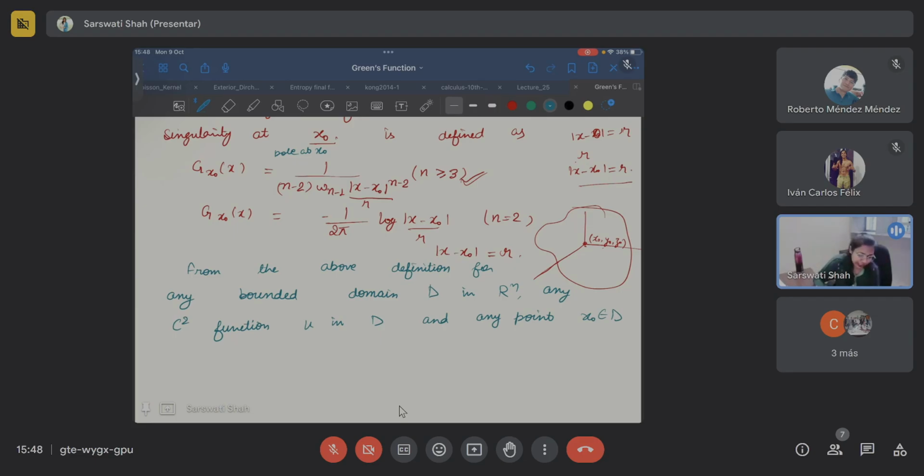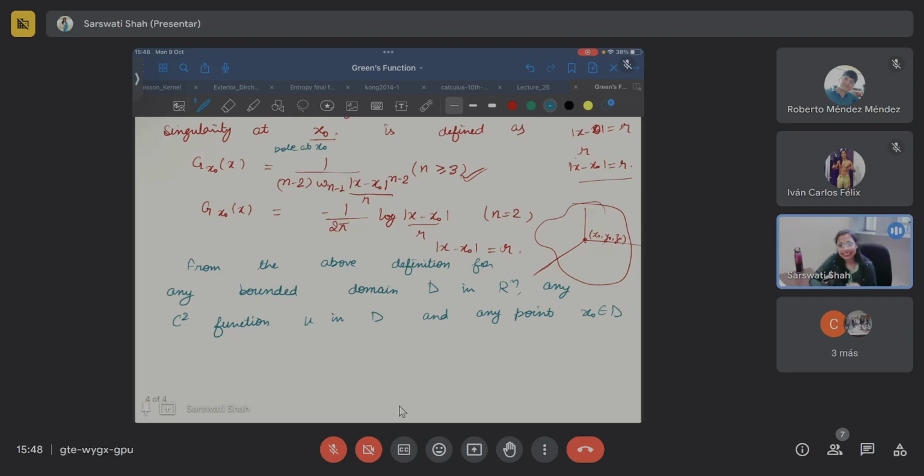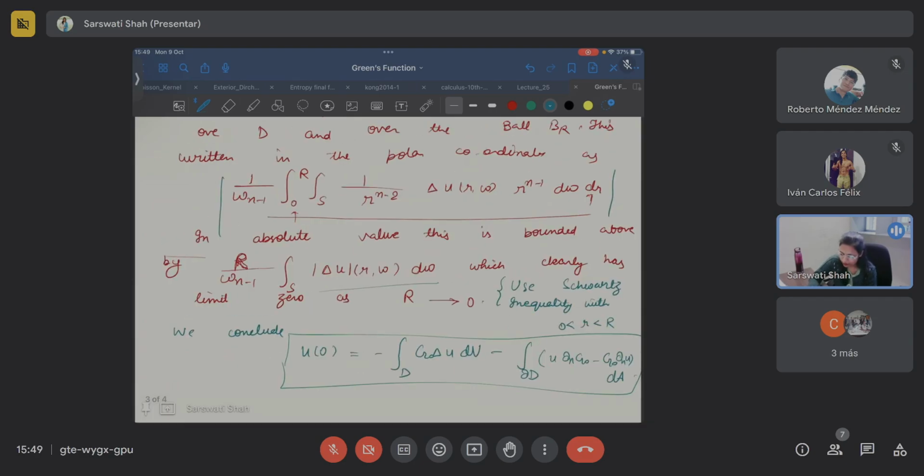And any point x not belonging to D, that is basically the pole of this Green's function. We have the representation formula. When it was 0, then we found this representation formula.